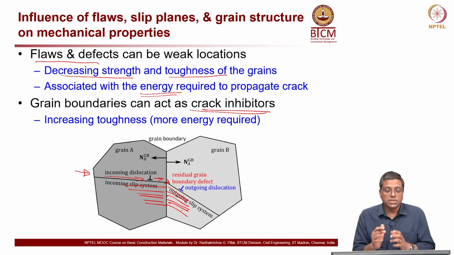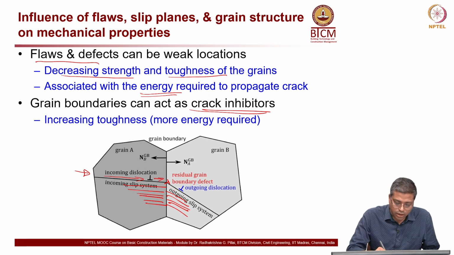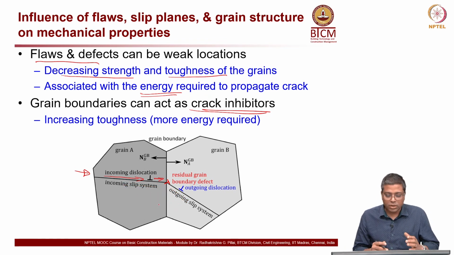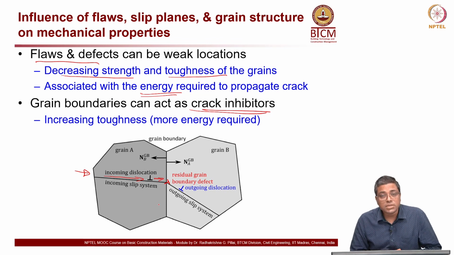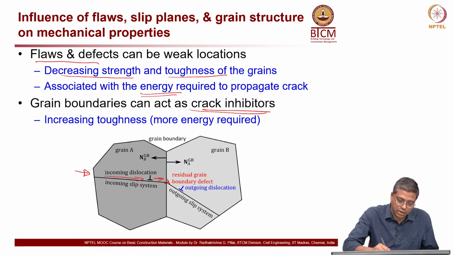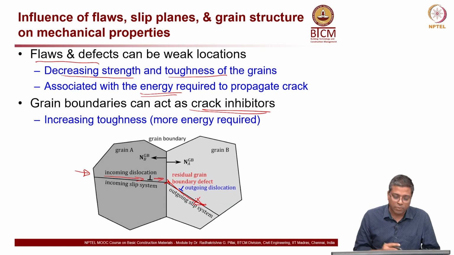Because of this change in alignment, the direction of movement of this dislocation changes. Dislocations first try to accumulate at the grain boundary, and then they start moving in this direction along this slip plane.